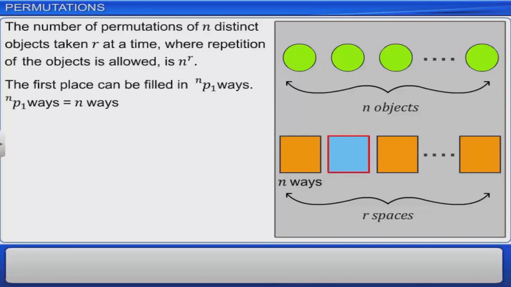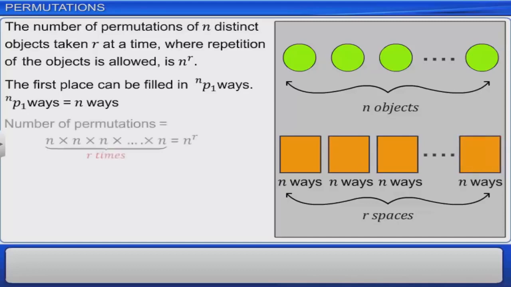Therefore, the second place can be filled with n objects in nP1, that is, n ways. Similarly, the rth place can also be filled in n ways. By the multiplication principle, the total number of permutations is equal to n multiplied by n, r times, which is equal to n power r.